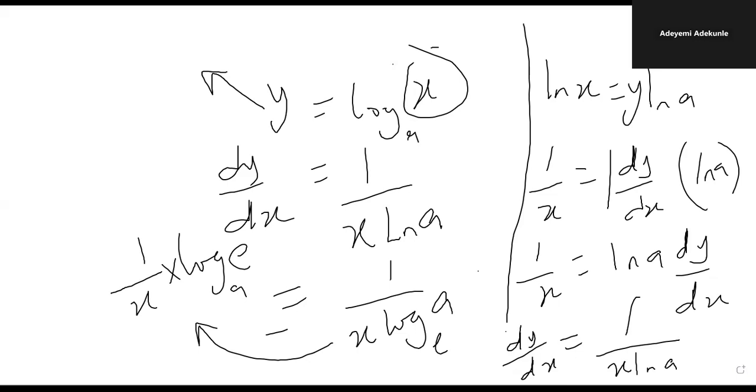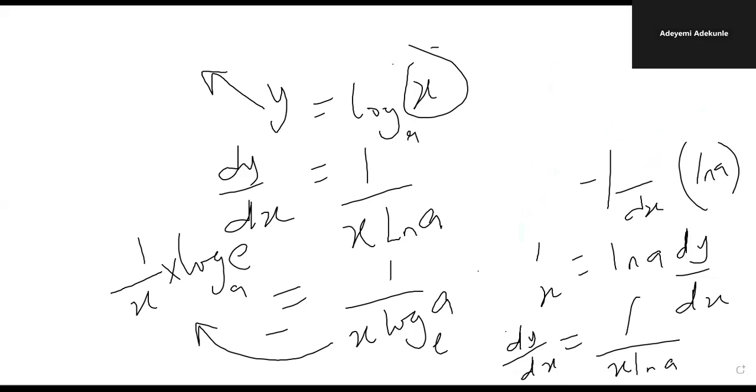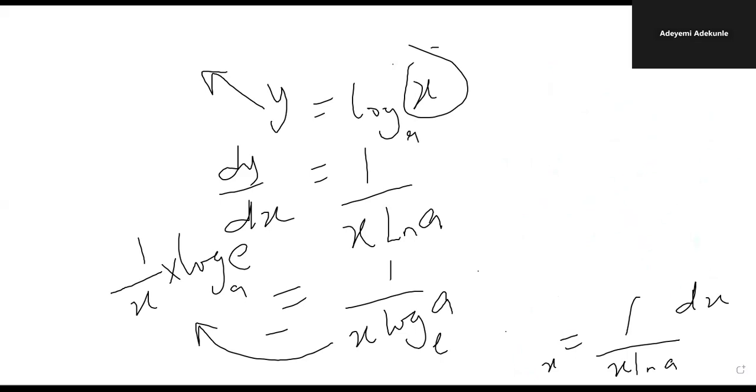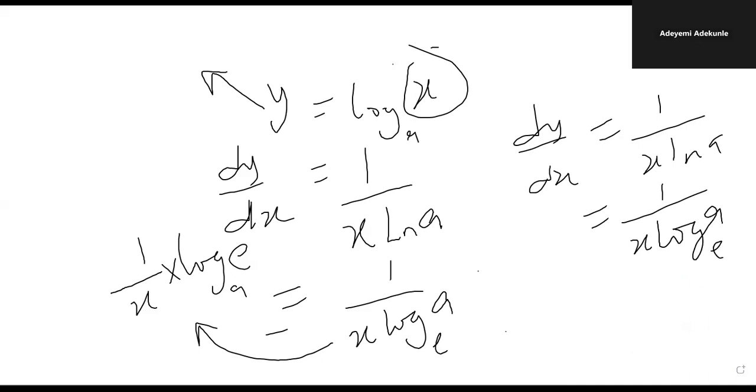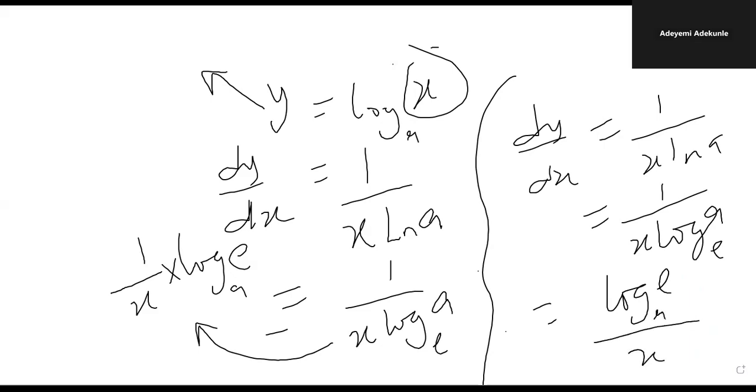I can say my dy over dx is the same thing as y prime, the first derivative. So from here, my dy over dx is 1 over x ln a, or you say 1 over x log a base e, or you say that is also the same as log e base a over x.